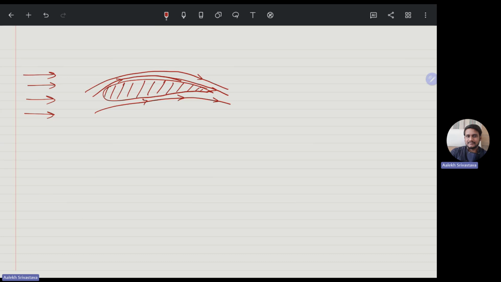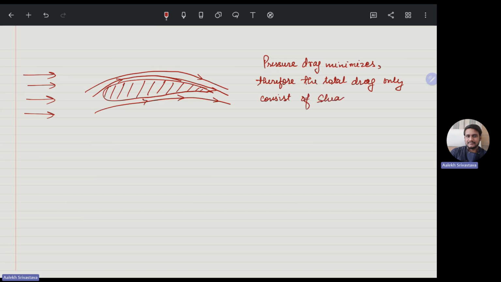Now for this body, if you want to write what is the pressure drag and what is the shear drag, here we have a perfectly streamlined body, therefore the pressure drag minimizes and therefore the total drag only consists of shear drag.